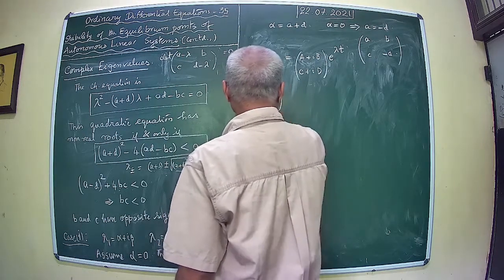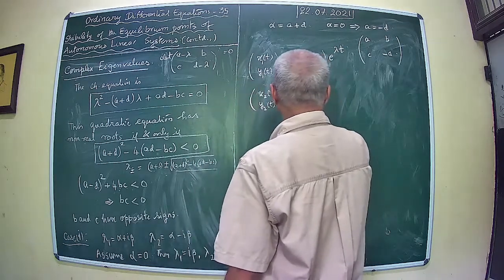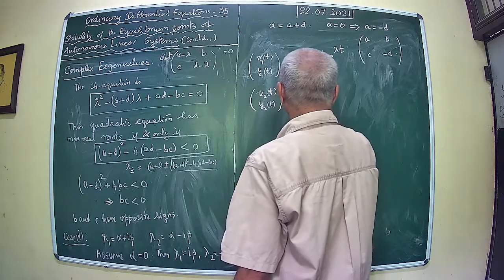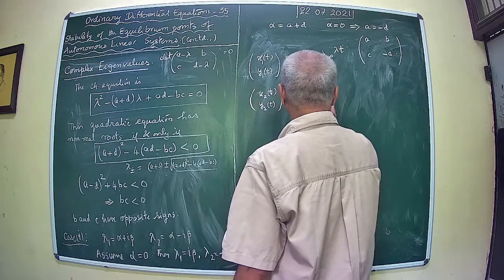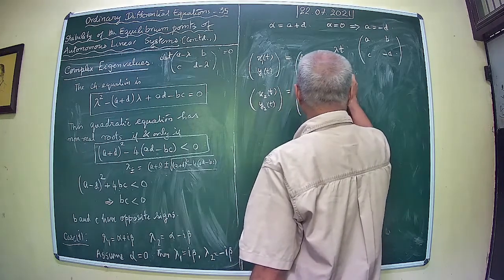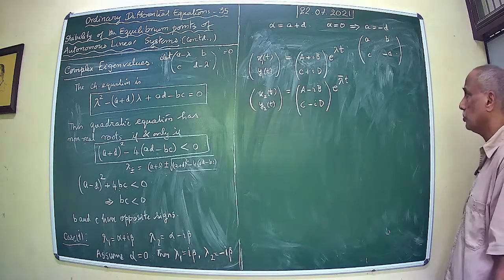This is again another complex valued function, which is given by... these are the two solutions.